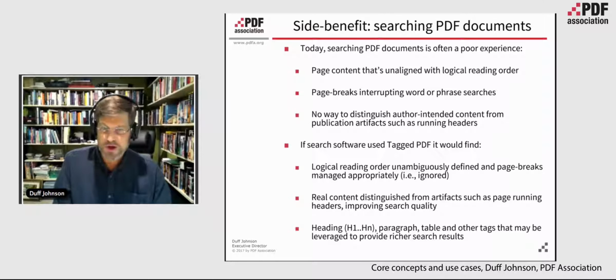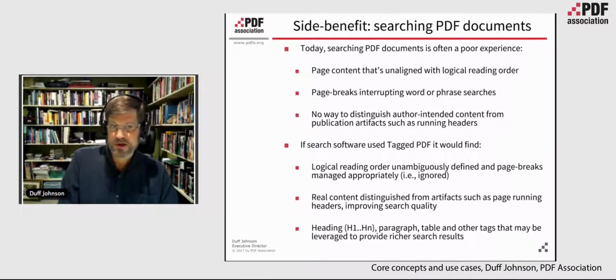So it's a poor experience, and next generation PDF can help with that by establishing logical order, ensuring that real content and artifacts are well distinguished, so you're not confusing page heads, running heads with the body content, and that you're leveraging the heading, paragraph, table, and other tags for better results.